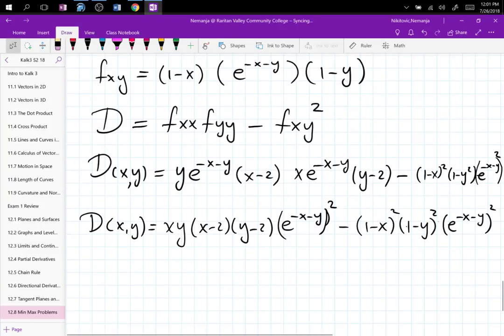Now you see that you can factor out this e, right? The beautiful thing about this, it looks crazy, right? It's fine. But please observe that you can factor out the e term squared, and that's going to be positive all the time.